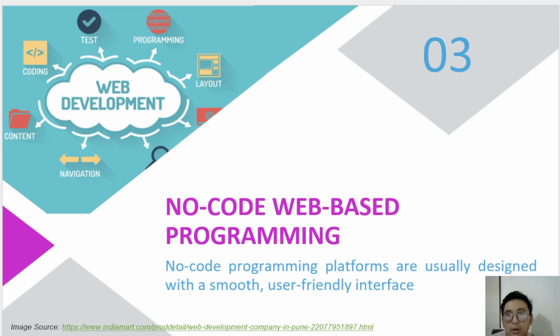A no-code programming platform is commonly designed with a smooth and user-friendly interface. This is what we need to know and implement first when we go with no-code web-based programming, where we need to make sure our design will be smooth using the triangle that we learned today.